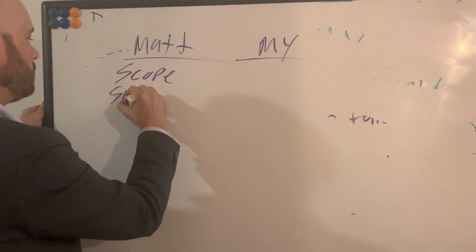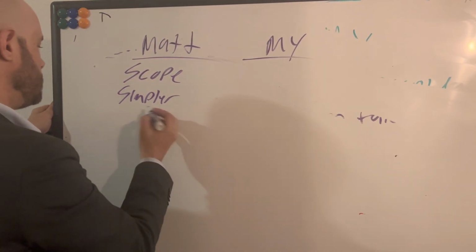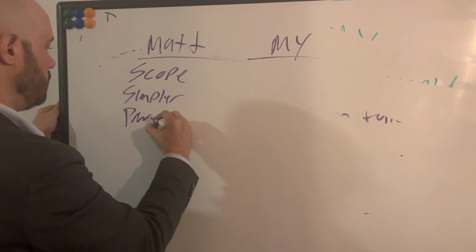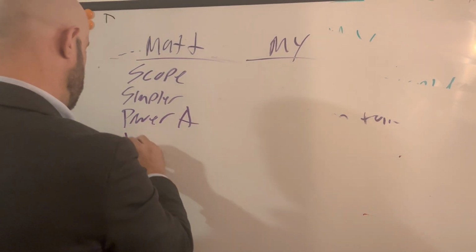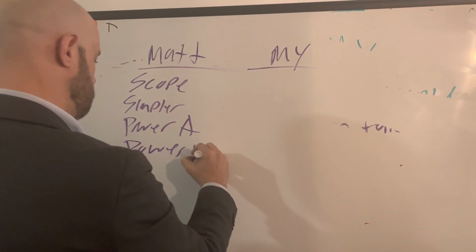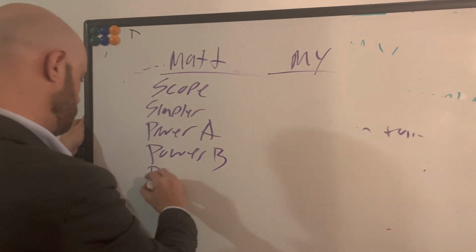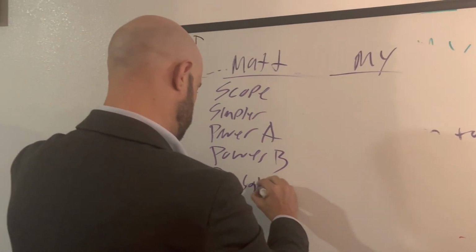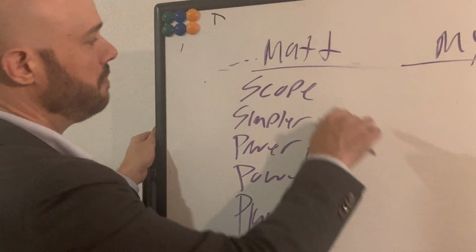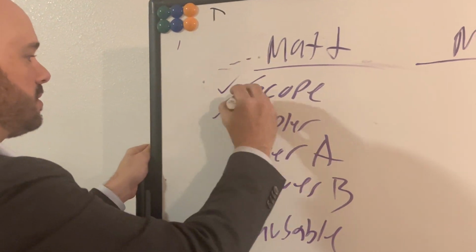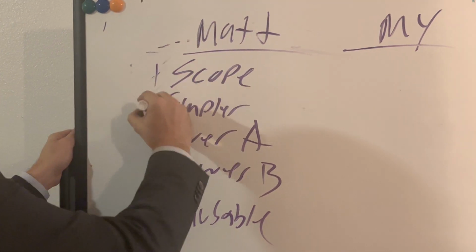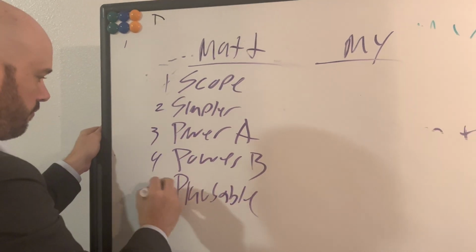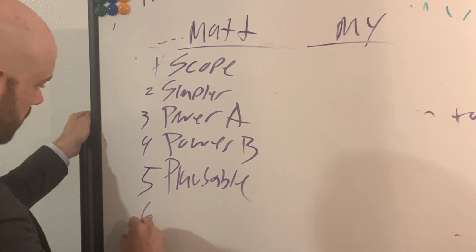Matt's is simpler. Matt's has more power A and power B. Matt's is plausible. So Matt beats mine in these ones too: 1, 2, 3, 4, 5, and also Matt's is less ad hoc.